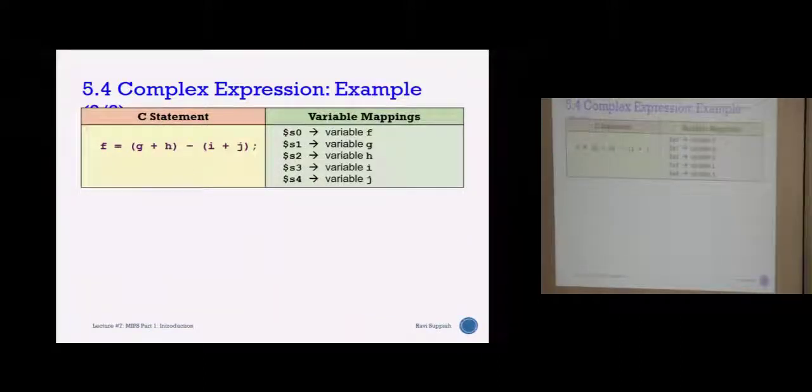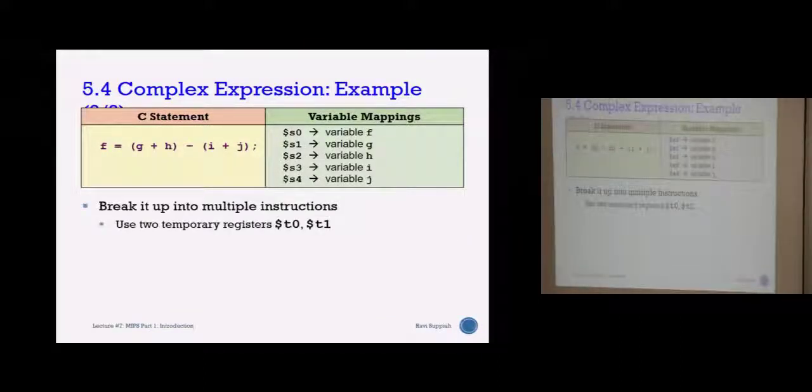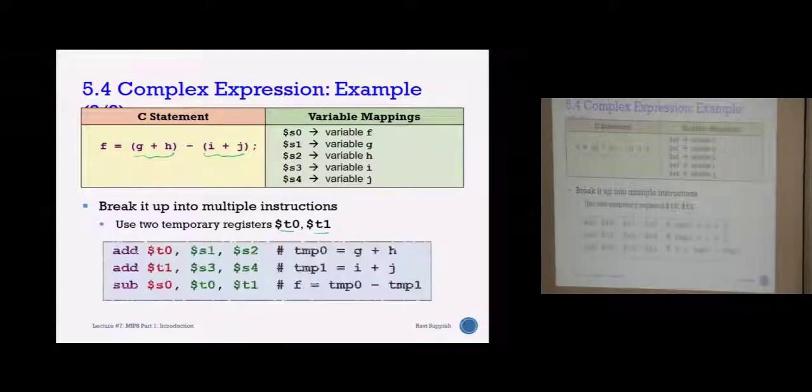Similar over here, you again need to break it up into multiple instructions. G plus H is one result, this is another result. Of course these are temporary results, so you can consider using T0 and T1. If you use any other general purpose register, that is also fine. Your answer will still be correct.